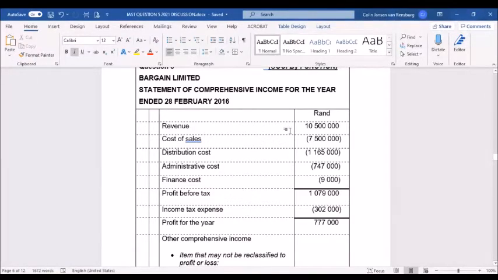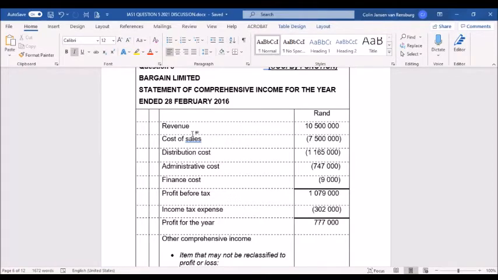Now, if you remember when we spoke about the structure of this statement of comprehensive income, your very first line item will be revenue. Your second line item will normally be any other income. I'm not talking about other comprehensive income. Remember we said on Monday, other comprehensive income represents items which have not been realized, right?